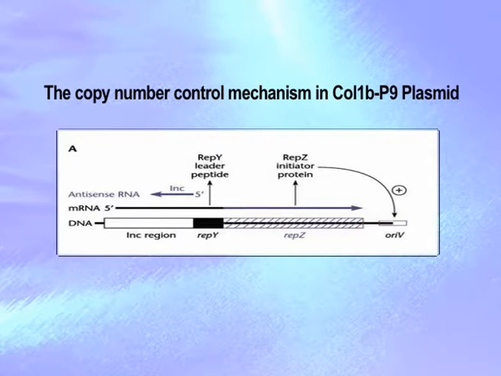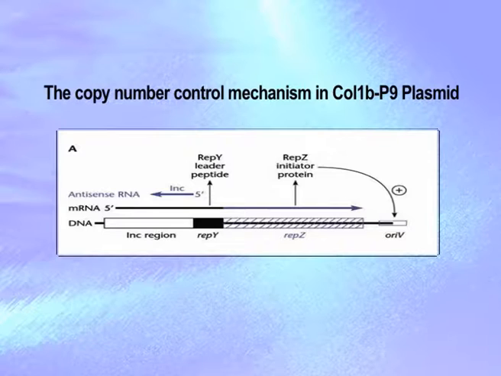Next, we will talk about the copy number control mechanism of Col1b-P9 plasmid. It is a bit different, wherein we will see that the Rep-Z protein, which is plasmid coded and is needed to initiate the replication process, is translated downstream of a leader peptide called Rep-Y.